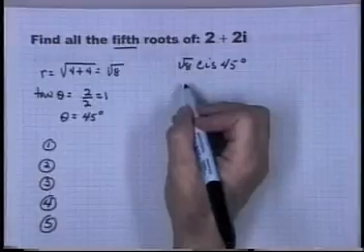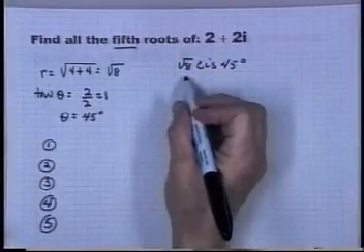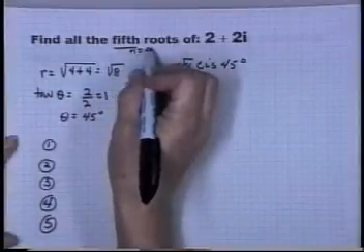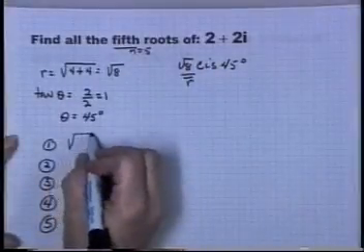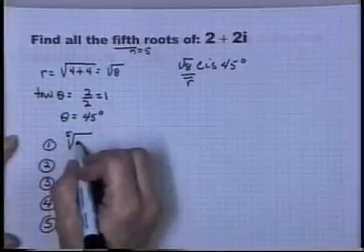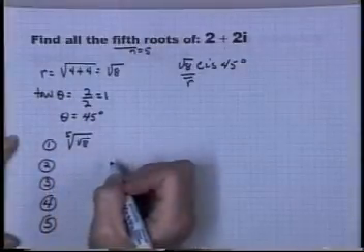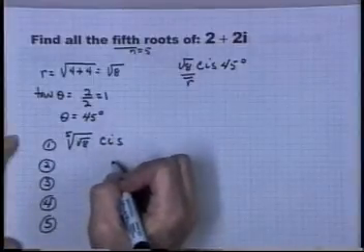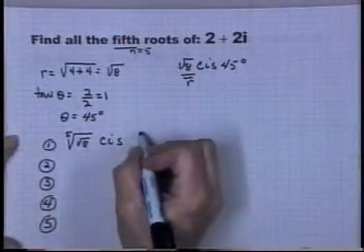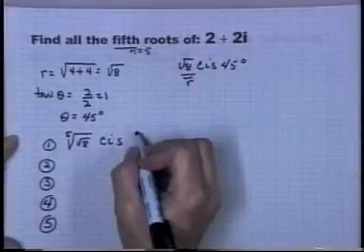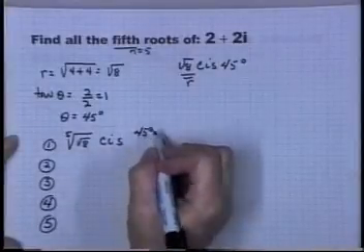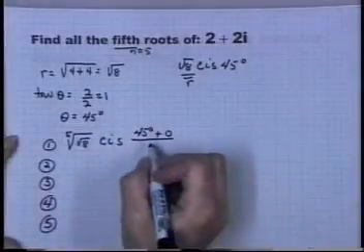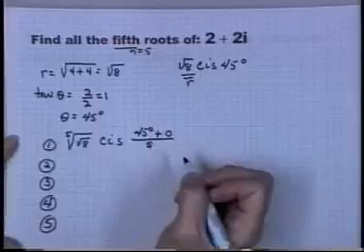Now, if you remember the form, whatever the r is, in this case this is r, if we're doing fifth roots, n is 5, I want the fifth root of r. So I want the fifth root of the square root of 8. I'm going to talk about that in a minute, about how to simplify. Cosine plus i sine. Now I want 45 degrees plus 0 to start out with, and what am I dividing by? I'm dividing by 5.